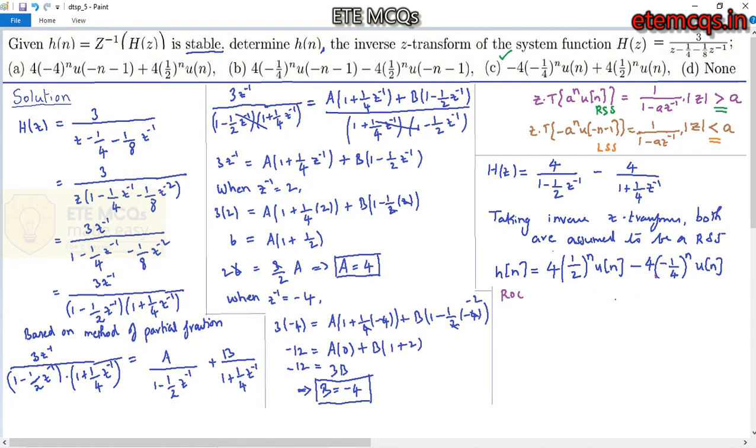Now in order to have a better understanding, let us focus on the ROC of the given problem. Real part of Z, imaginary part of Z. Let the unit circle be represented as one and minus one.